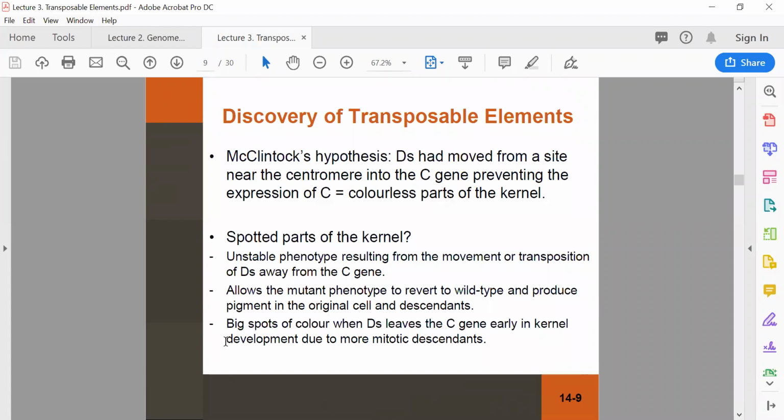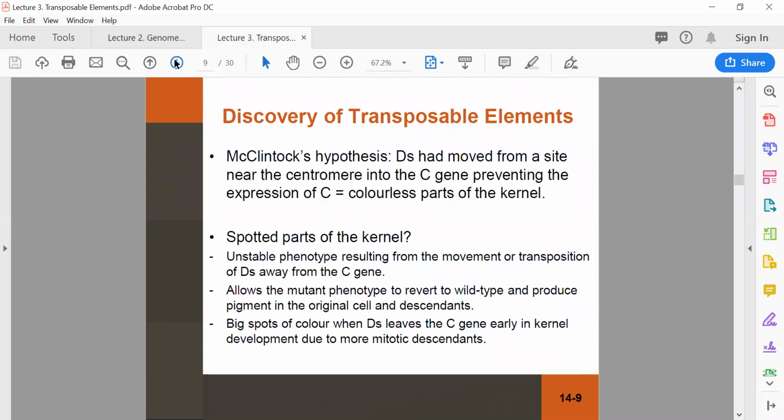So you would have larger spots of colour if the DS leaves the C gene early in the kernel development. The earlier it leaves, the more mitotic descendants there will be, and that gives rise to bigger spots within the kernel.